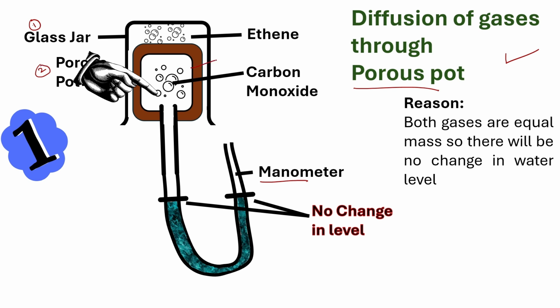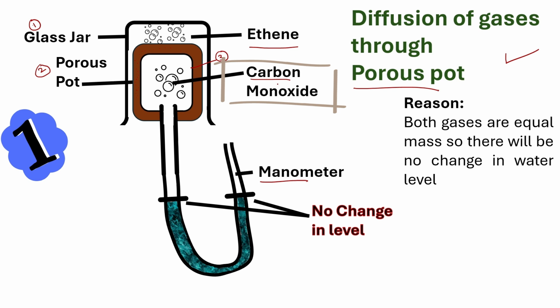The porous pot means that it has pores in it, and there is a gas jar outside and a gas jar inside. In the first example, in the outer jar we have ethene, and in the inner one we have carbon monoxide.